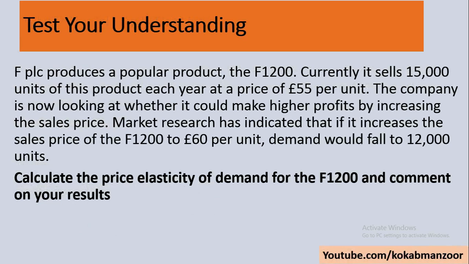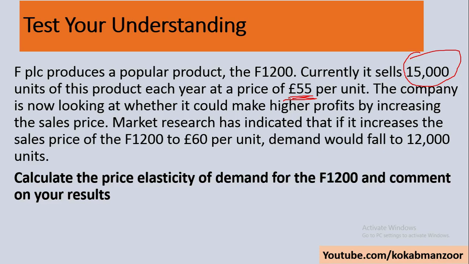Okay, PLC produces a popular product F1200, currently sells how many units? This is the quantity demanded, right? 15,000 units of this product each year at the price of 55 pounds per unit. The company is now looking at whether it could make a higher profit by increasing the sales price.